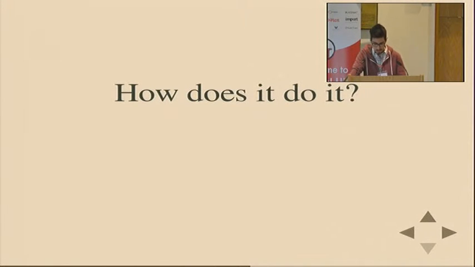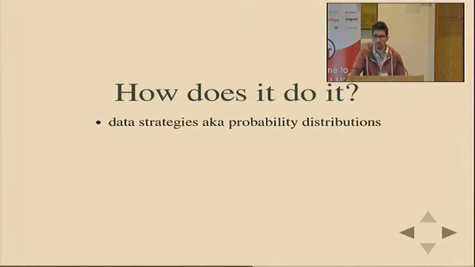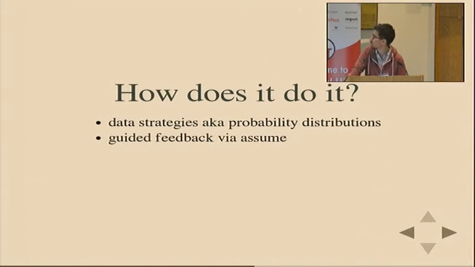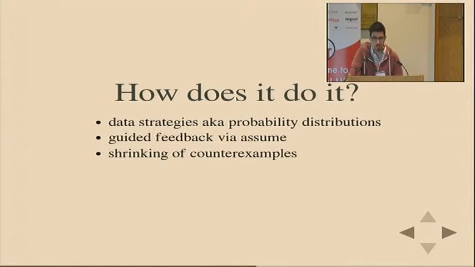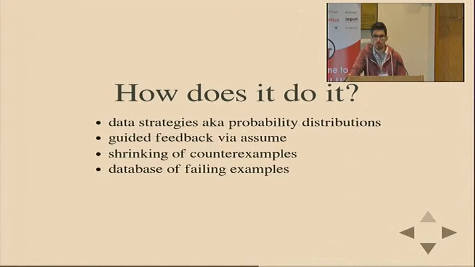So how does it do it? As I was saying, probability distributions, guided feedback via assume, shrinking of counterexamples to a more manageable level that you can actually comprehend and copy and paste if you want to, and a database of failing examples.